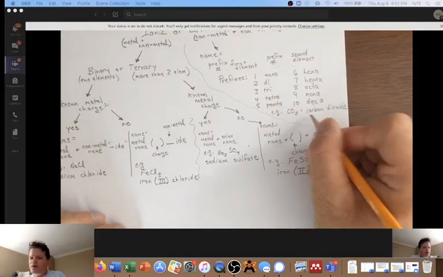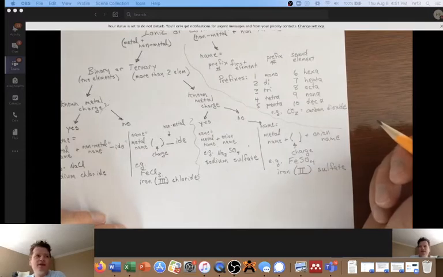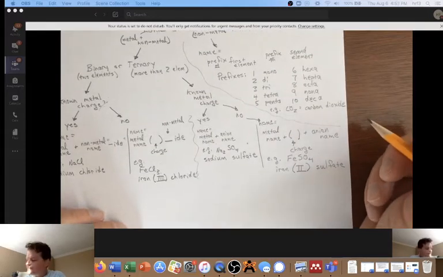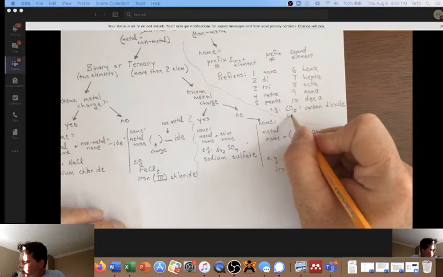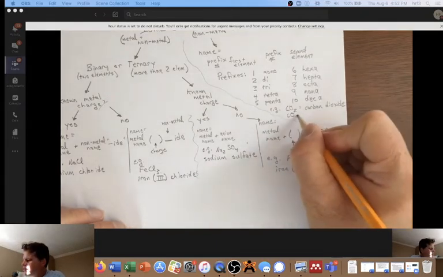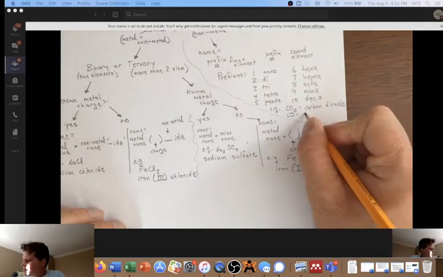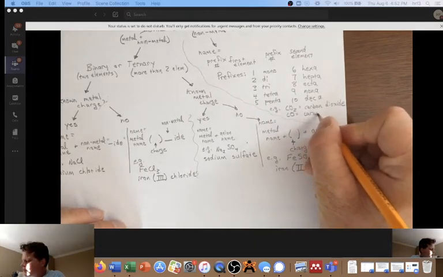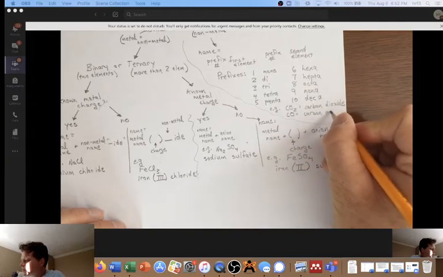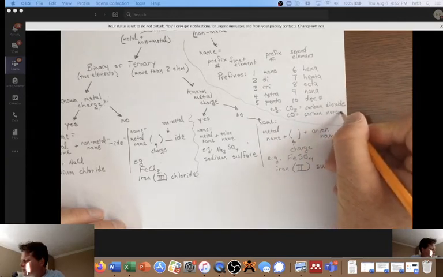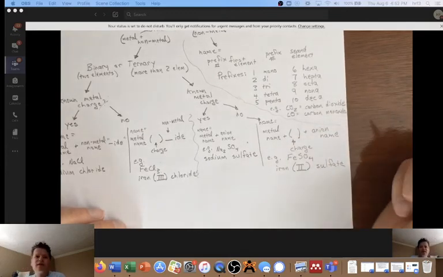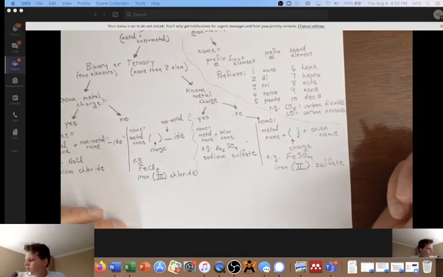So if the mono is on the first element, we just leave it off. We just omit it. But how about CO? The name for CO would be monocarbon monoxide, but this is actually carbon monoxide. So if the mono is on the second element, then we do include it.